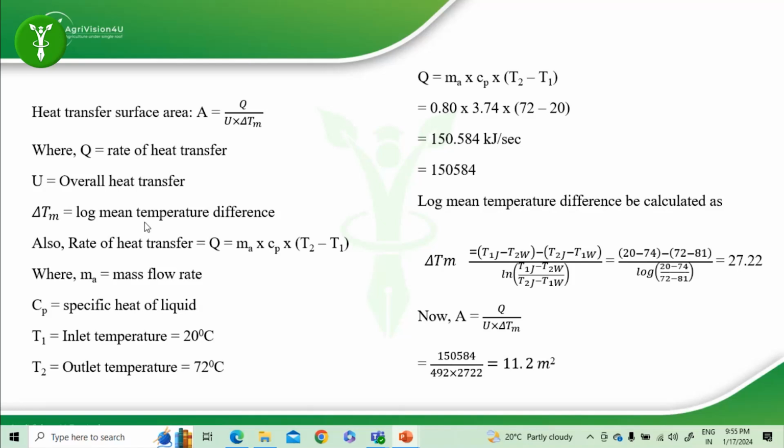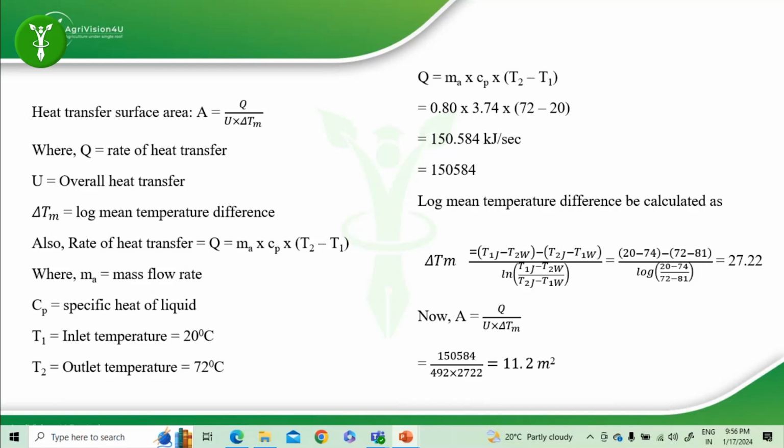So let us pen down. The heat transfer surface area can be given as A is equal to Q divided by U into del Tm, where del Tm is the log mean temperature difference, Q stands for the rate of heat transfer, and U is the overall heat transfer coefficient.